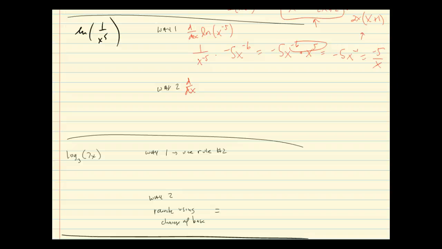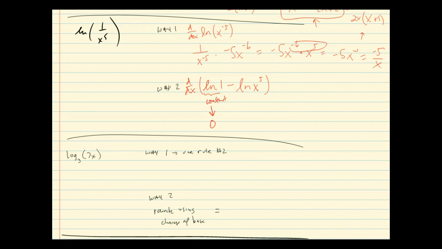So you can change this to the natural log of 1 minus the natural log of x to the 5th. So that's using the quotient rule for logs. So, why might you want to do that? Well, when I go to find the derivative of the natural log of 1, this is just a constant, right? So what's the derivative of that? The derivative is just 0.